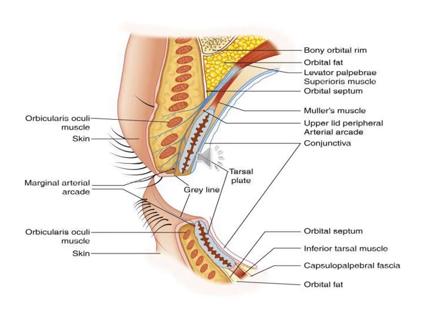Then comes, after the orbicularis, the tarsal plate. We have superior tarsal plate and inferior tarsal plate. Within each tarsal plate, as we said, we have a meibomian gland which secretes the oil needed for tear and for lubrication.